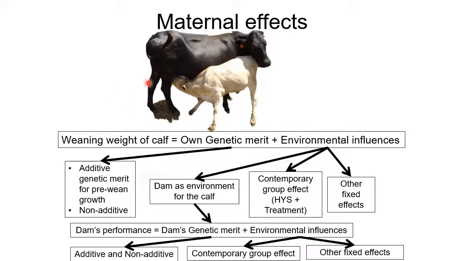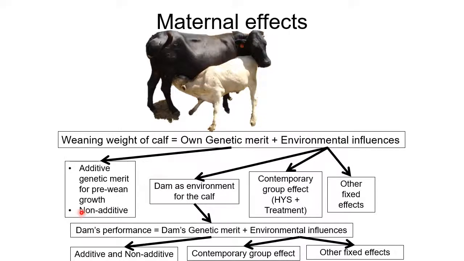So if we come back to maternal effects, the weaning weight of the calf is because of its own genetic merit and environmental influences. Its own genetic merit is the additive genetic merit for pre-wean growth, and there's some other non-additive effects as well. The camp it was kept in, the year it was born, is it a late season calf, is it an early season calf, and all that.